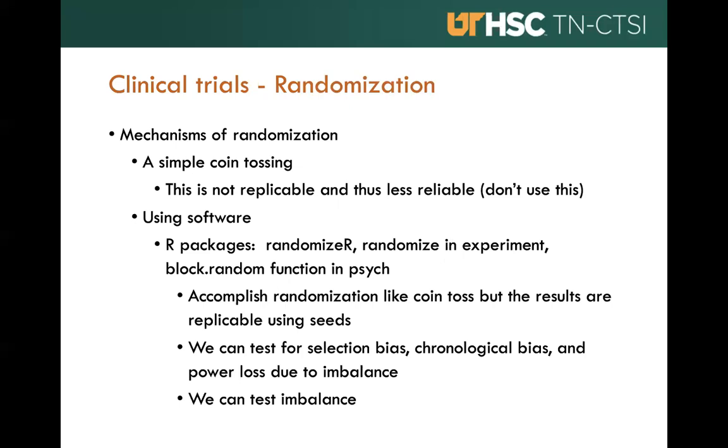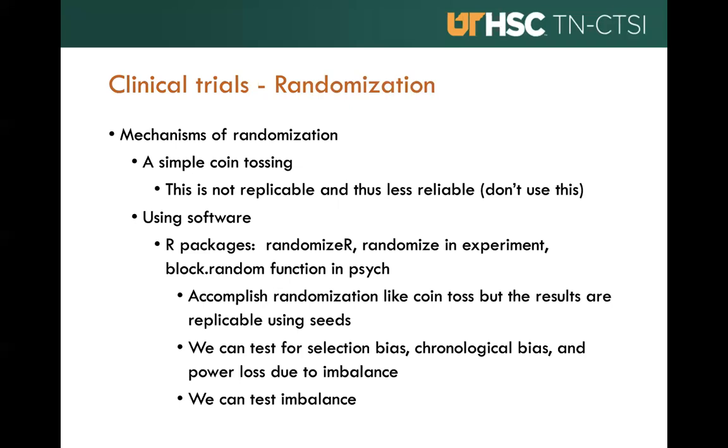So we can accomplish randomization like a coin toss, but with replicable results using what are called seeds. The seed gives the same result again and again. For example, we can produce the same results as what we did today by providing a seed number, which captures the state of the package at the moment.